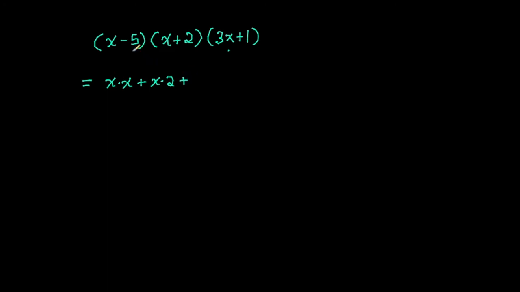And then we add to that negative 5 times x, so minus 5 times x. And then finally we add to that minus 5 times 2.